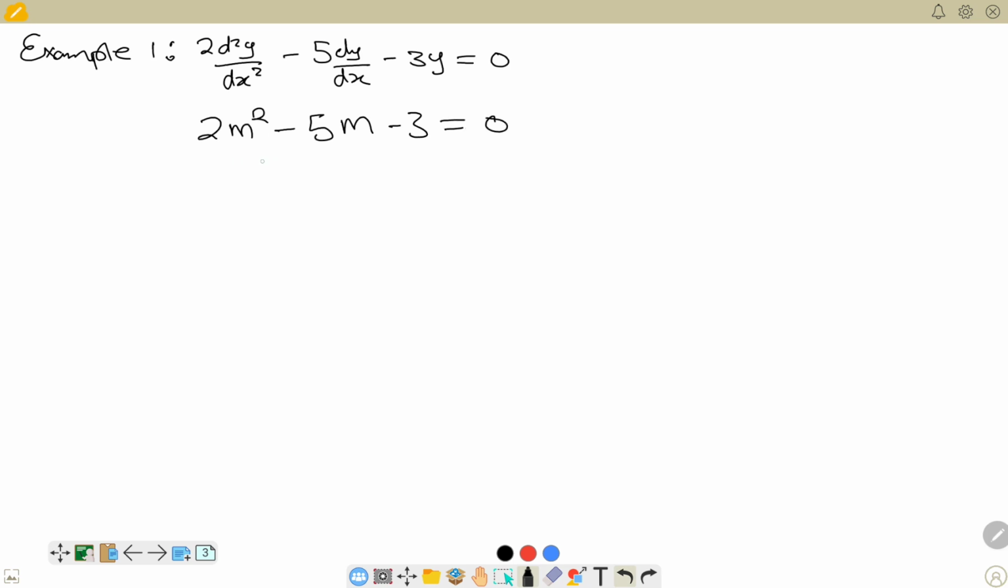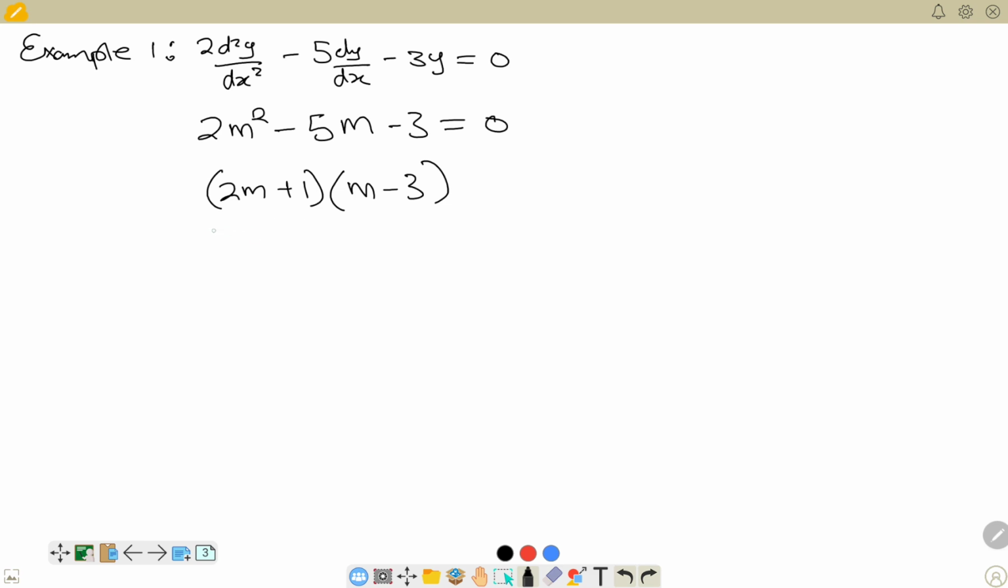Then we can factorize this, and when we factorize this, we'll get that it is actually 2m plus 1, then m minus 3. So these are the values that we get.